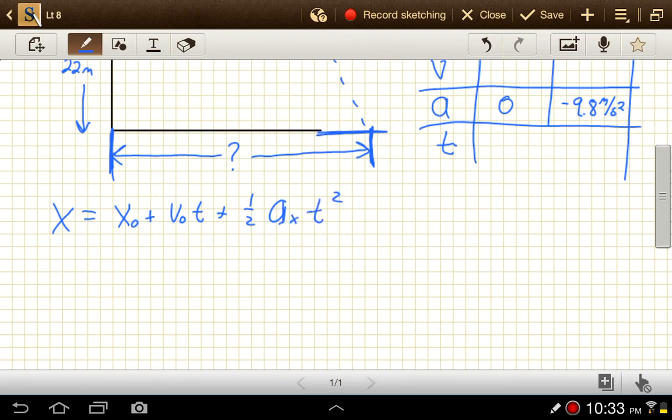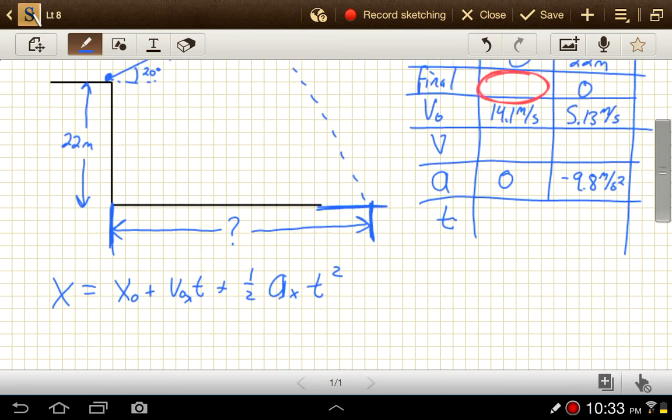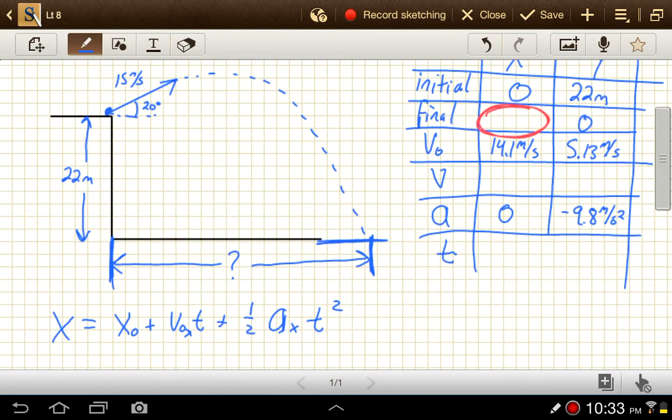Looking back at the information I have, x would be equal to 0 plus 14.1 meters per second times t, which I don't have yet, so we'll leave it as a variable, plus 1/2 times 0, so that's just 0.